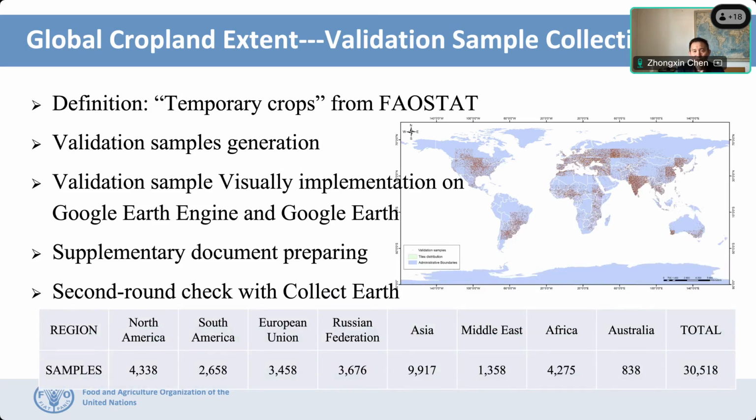We do this sample collection with two methods, and we do a second check. After we have done the first one, we make a second round of checks with FAO collectors. So in total, we have 30,000 samples around the world. That's the distribution among different regions.